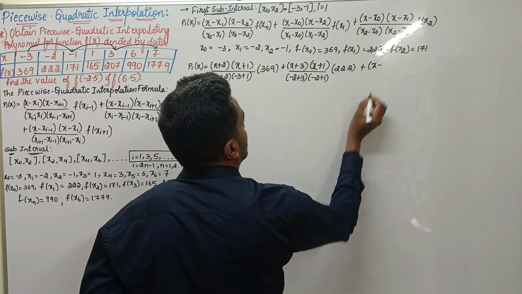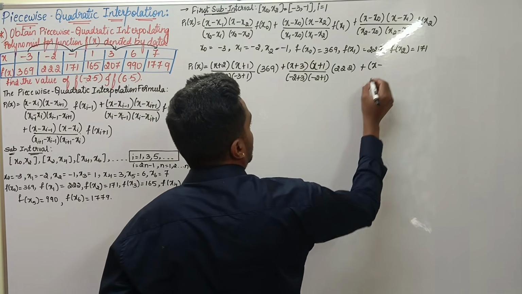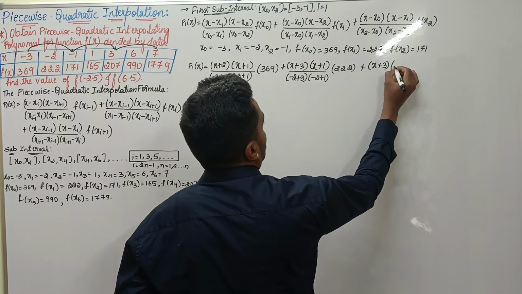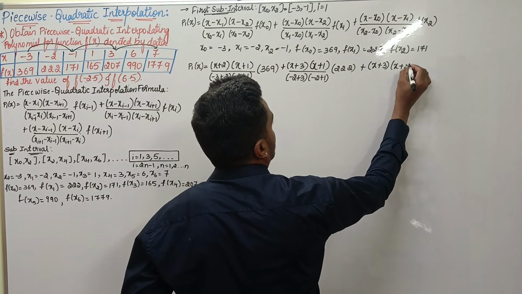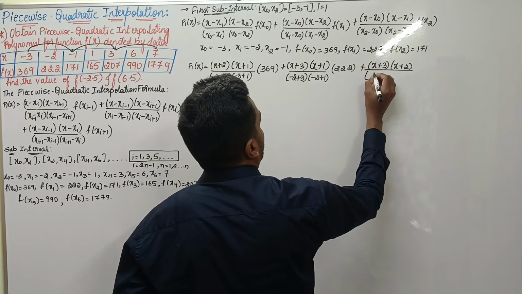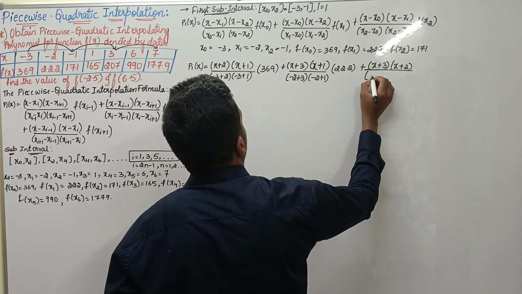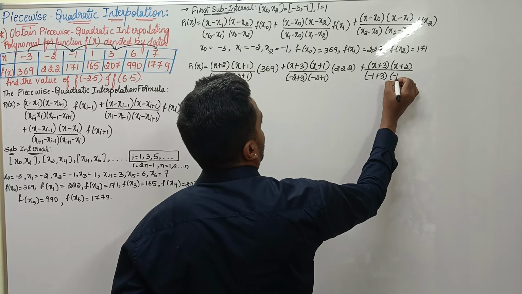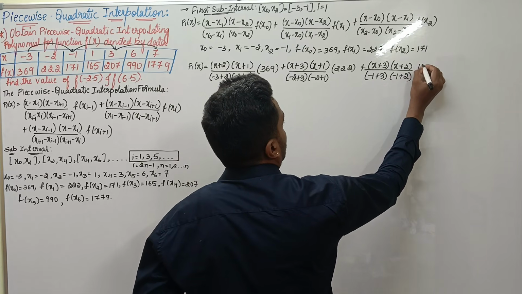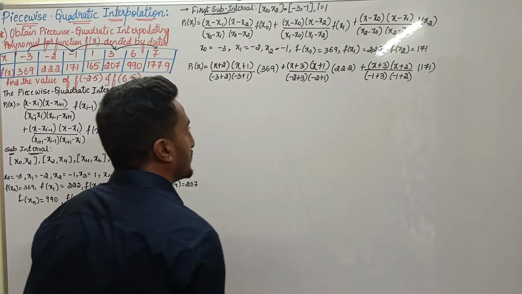Plus (x minus x0, minus into minus plus 3) (x minus x1, minus into minus plus 2), divided by x2: (-1 plus 3) (-1 plus 2) into 171. Done.